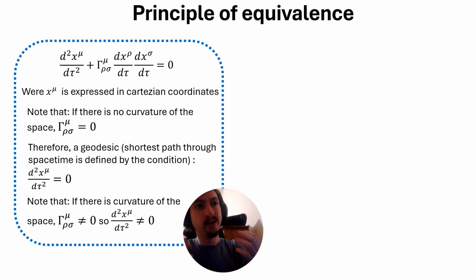And again, that fits with what we observe with gravity. If something is freely falling in a gravitational field, it will accelerate. So we can see that our geodesic equation has both freely moving motion through flat space-time without gravity and freely moving motion through curved space-time, so where there is gravity, encoded into it.